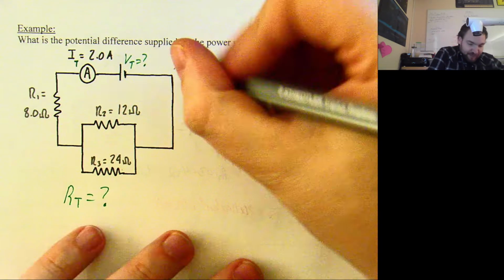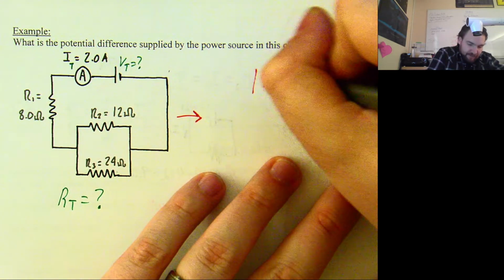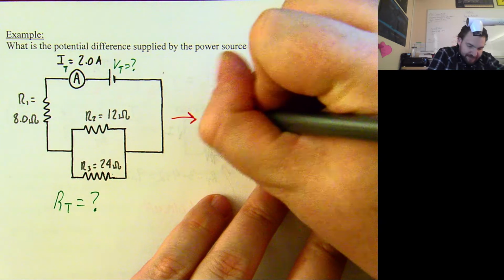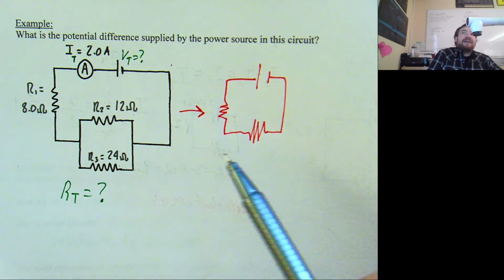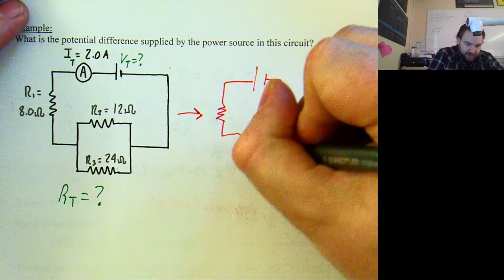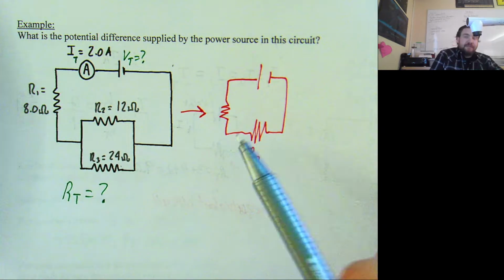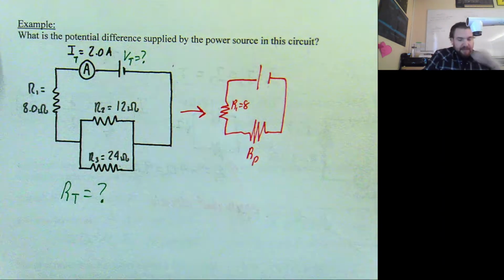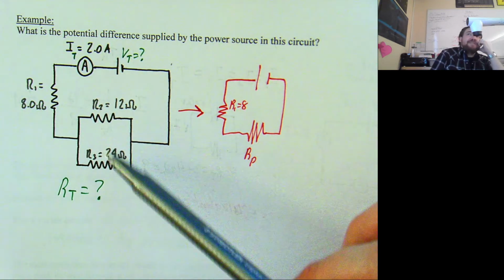The first thing we're going to do is take that parallel piece and figure out what we would have to replace this parallel resistor by. We'll call this RP, the parallel piece for the resistors, to be an equivalent resistance. And then we know this guy here, R1, is 8. So my first equivalent circuit is just going to collapse these two.